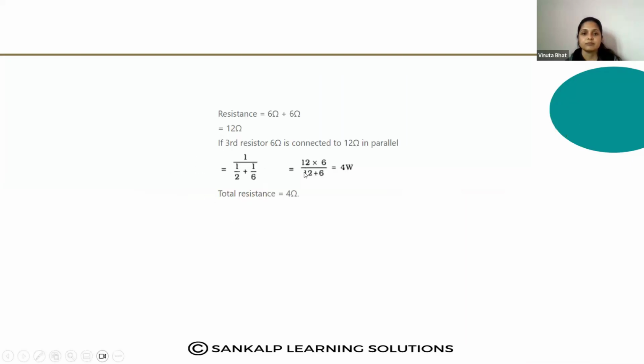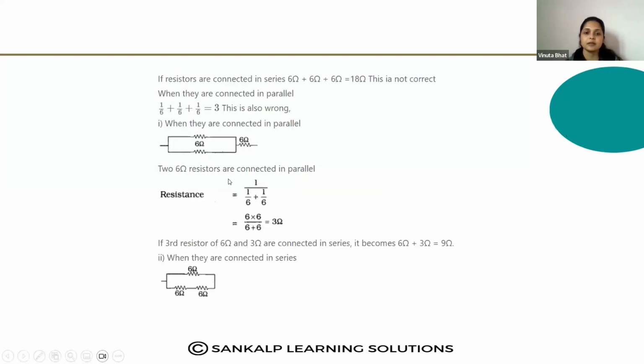Next question. Yes, this is the answer. When two 6 ohm resistors are connected in parallel and one resistor connected in series, and when two resistors are connected in series and one is connected in parallel, we can get the 9 ohm and the 4 ohm resistance.